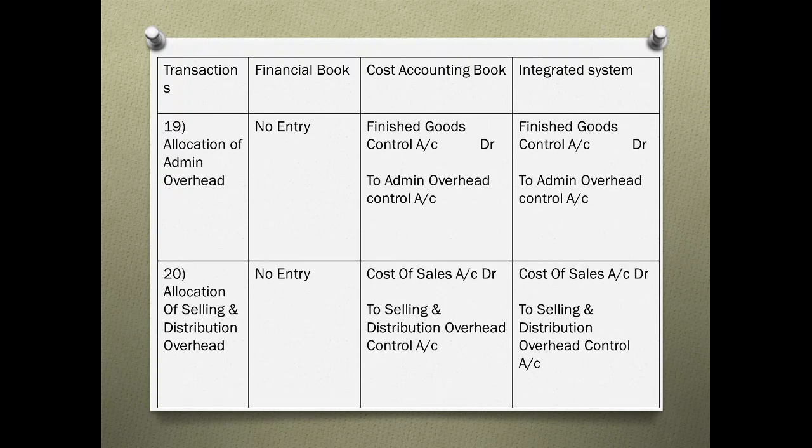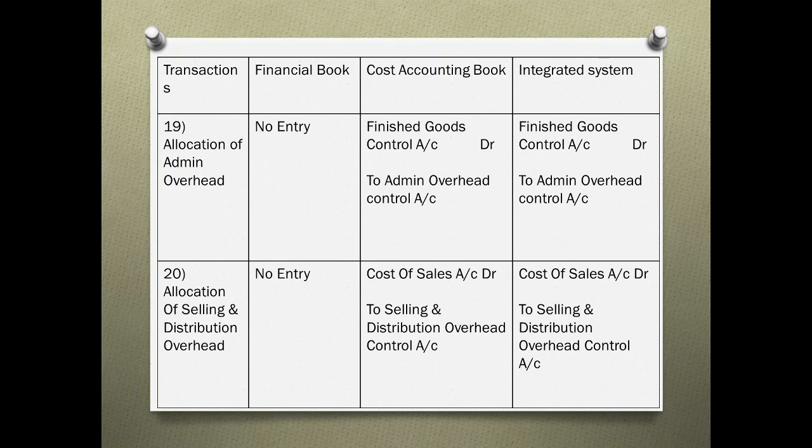Now the last two transactions which are remaining for you. Allocation of admin overhead. It is just an allocation part again. So there would be no entry for financial book. Under cost accounting book, allocate करो admin का expense किधर जाता है.